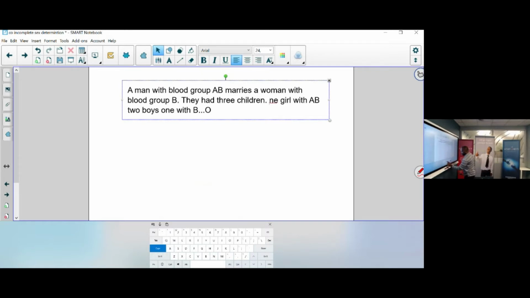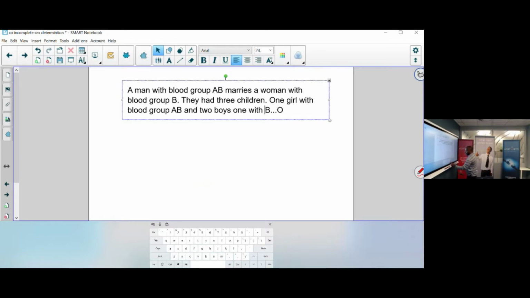One girl with blood group AB and 2 boys.